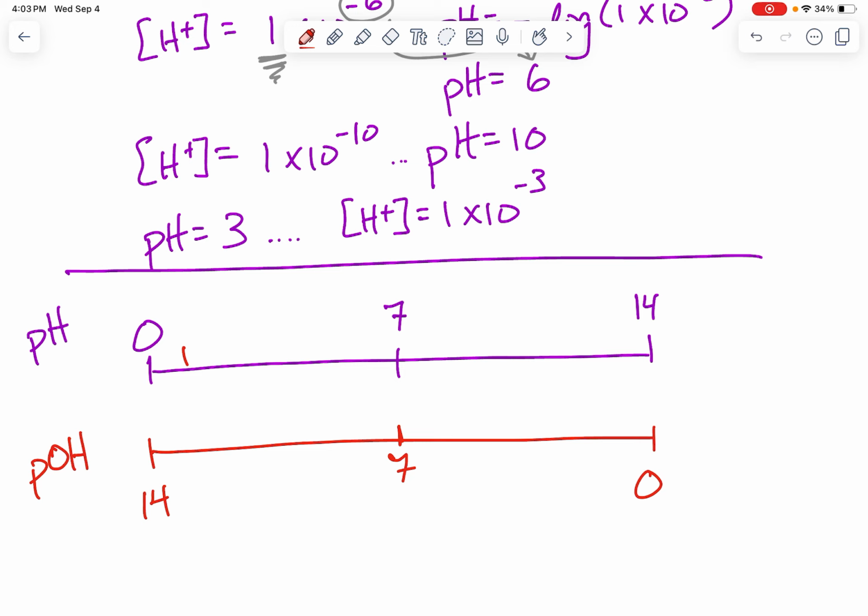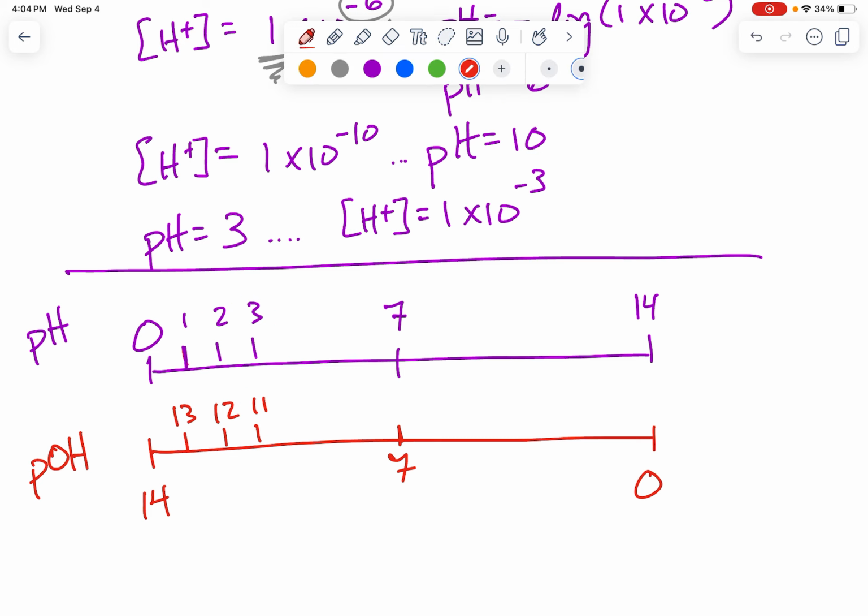In my pH scale, let's say this is 1, this is 2, this is 3. And then on my pOH scale, counting backwards, this would be 13, and then 12, and then 11. If we compare pH and pOH, they always add up to 14. So 0 plus 14, 1 plus 13, 2 plus 12, 3 plus 11, they all add up to 14.